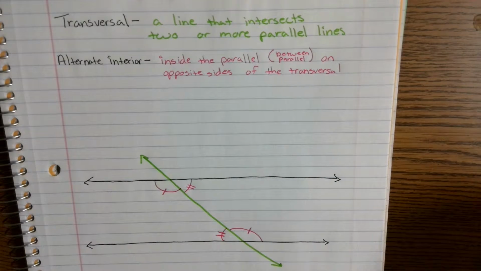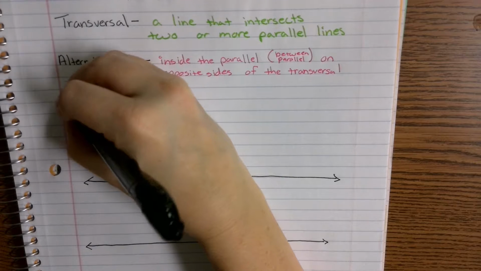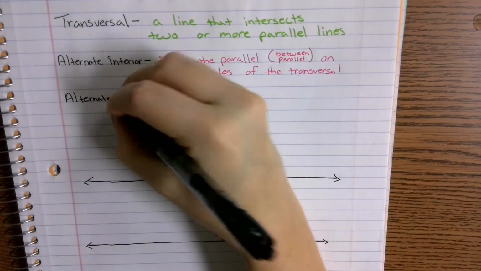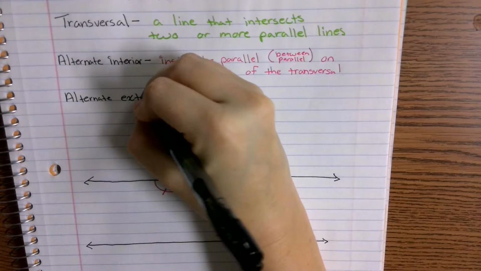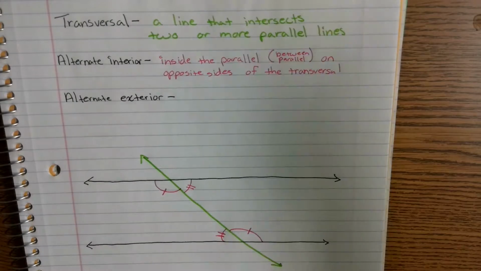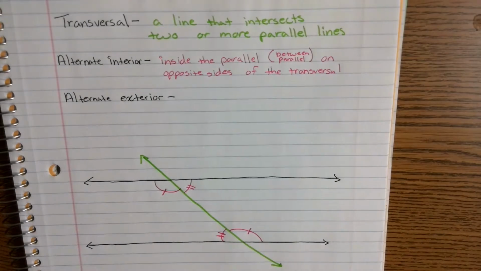Okay, now, just like I said we had alternate interior, we also have alternate exterior. And just like interior means inside, exterior means what? Outside.